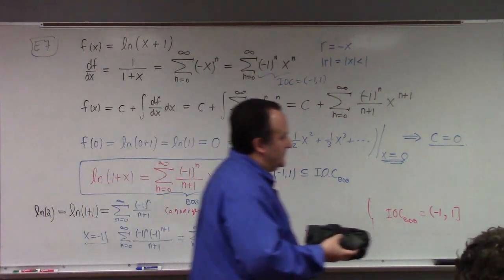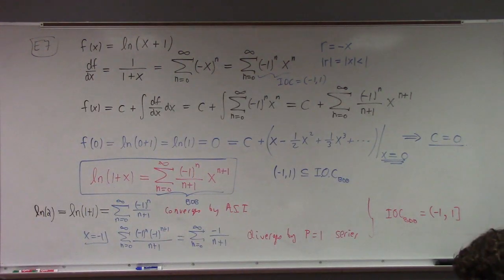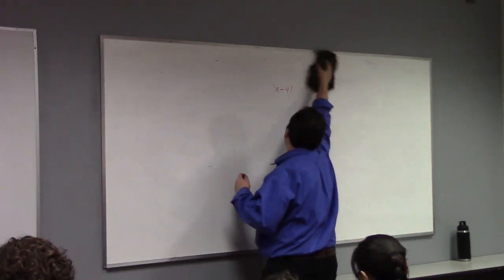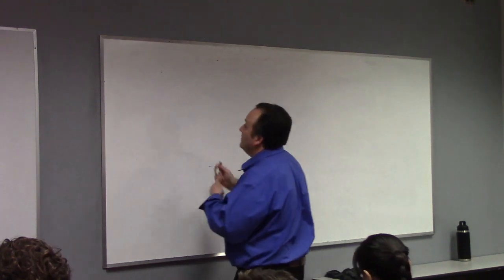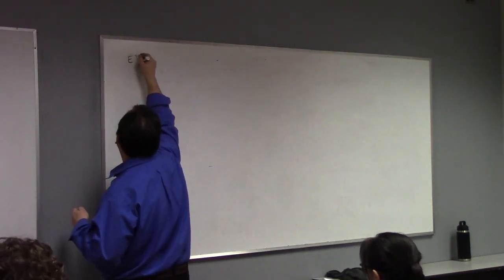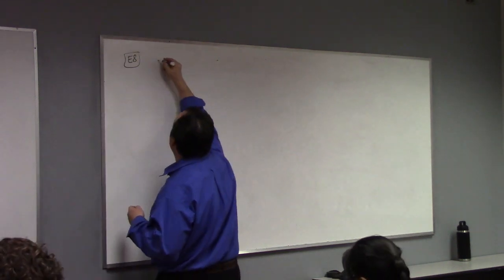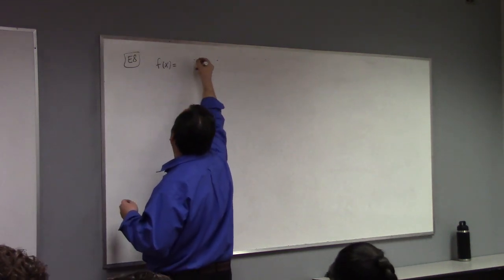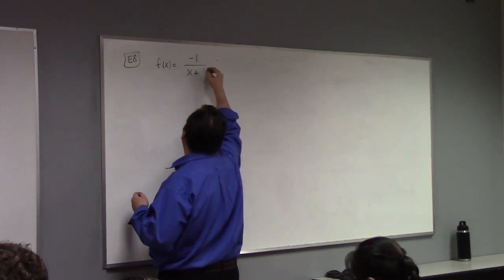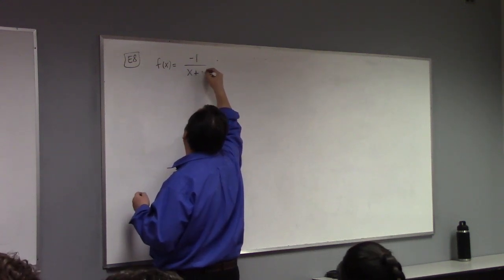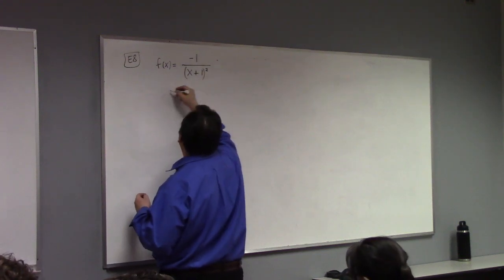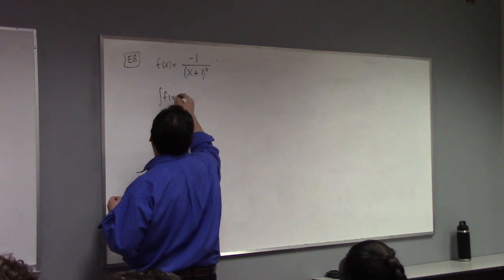Let me show you another one of these guys. So example 8. If we have f of x equals minus 1 over x plus 1 squared, then if we look at the integral of f of x dx, what's that equal to?